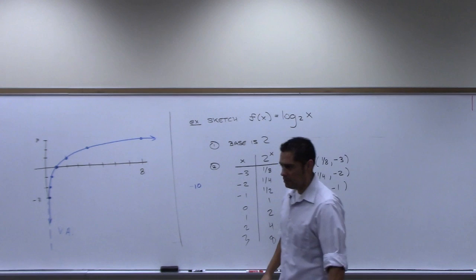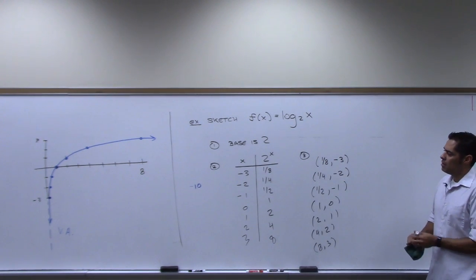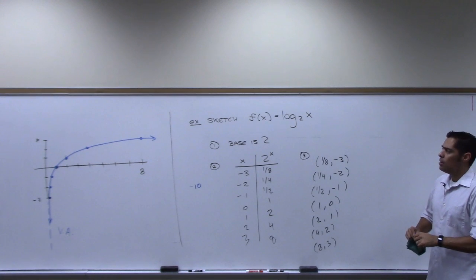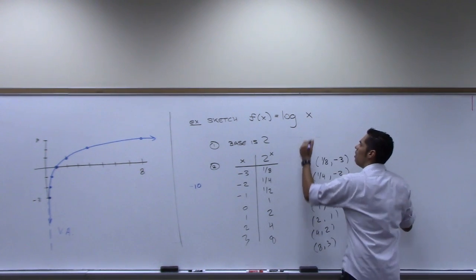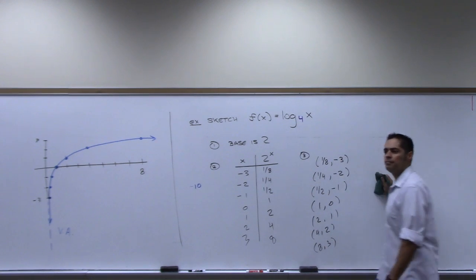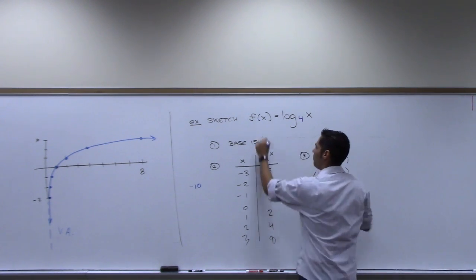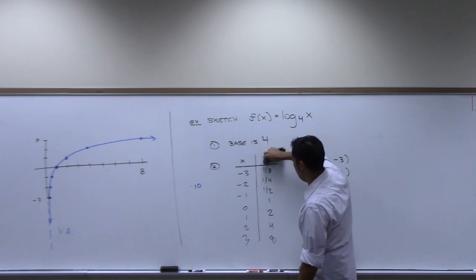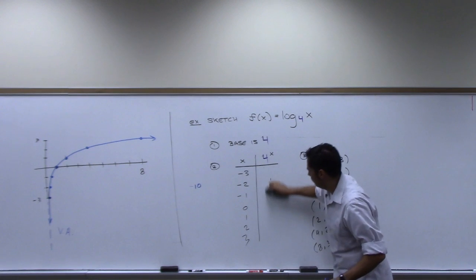What do y'all think? So what do y'all think about the graphing of it? Is it pretty straightforward? So if I change this, right, and I ask you to graph log base 4 of x, then you're going to change this to a 4. You're going to change this to a 4. Then you got to redo all this, right?